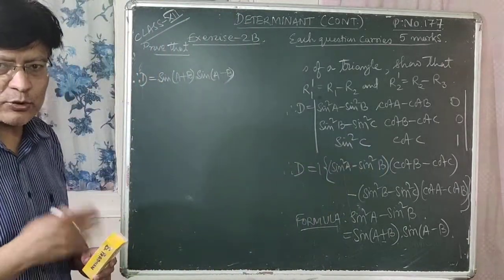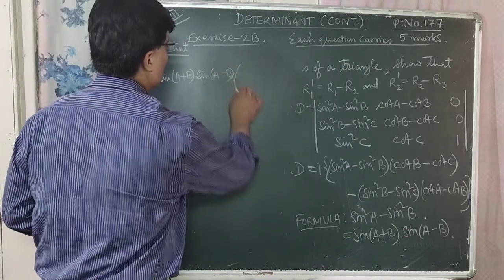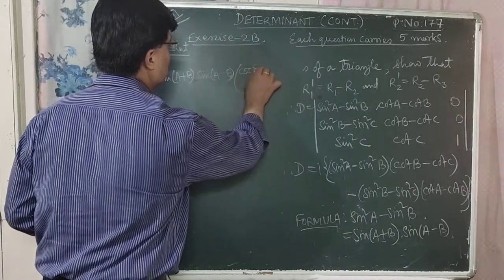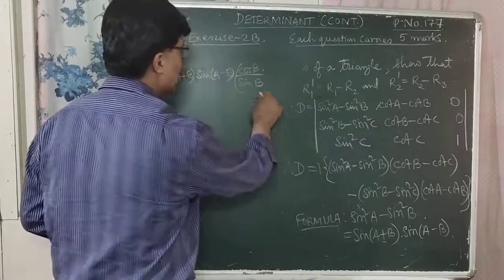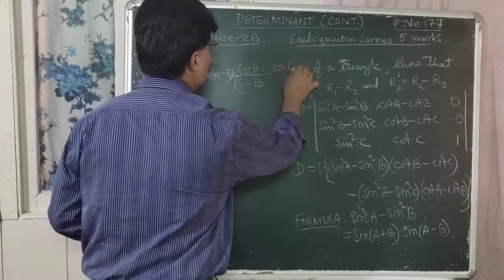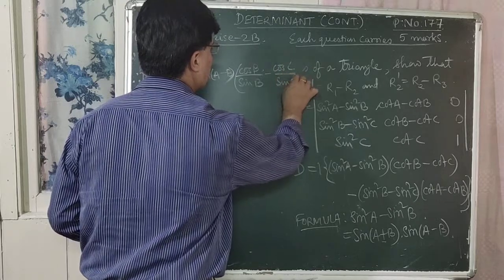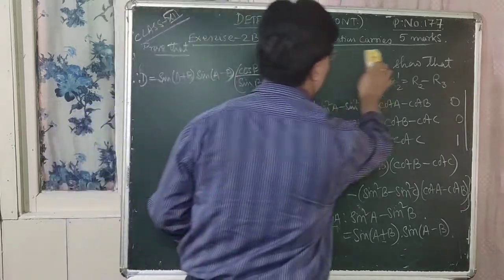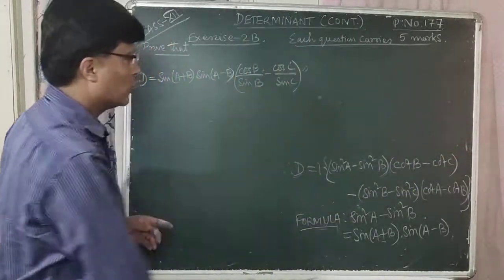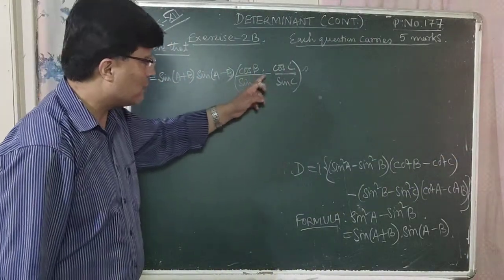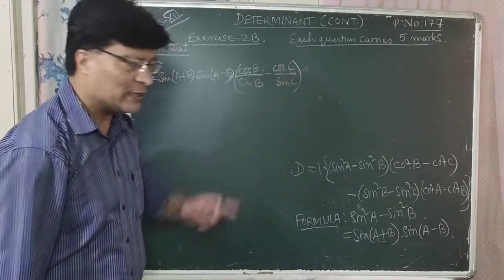You can change it into cos and sine. So cot B is cos B by sine B, then minus, what is cot C? Cos C by sine C. Is that clear?